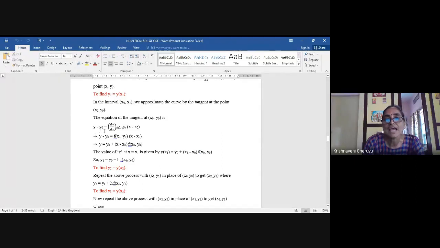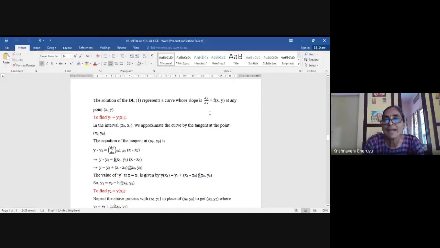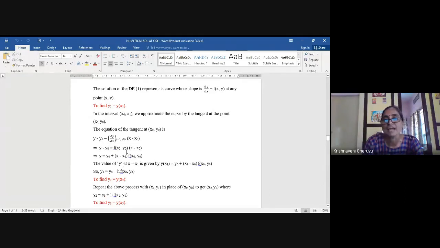So y minus y1 is equal to the derivative of y with respect to x at x1 y1 into x minus x1. Here I said dy by dx at x0 y0 is f of x0 comma y0. dy by dx we need now at x1 y1, so at x1 y1 means f of x1 y1. So I have to put here f of x1 y1 into x minus x1.